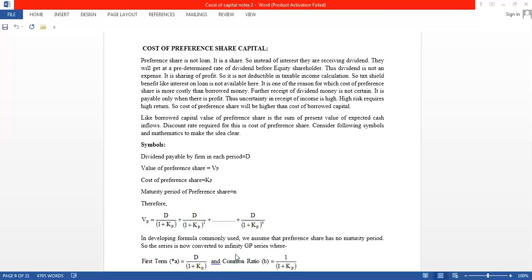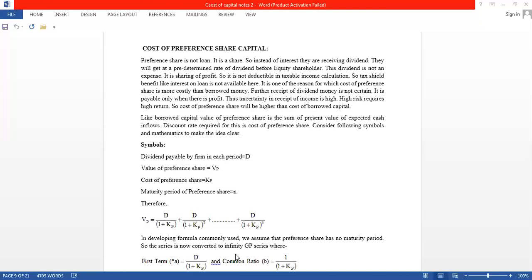Thus, the uncertainty of getting the preference dividend is very high, which is not so for debt capital, where interest is fixed and payable even if the company is making loss. So there lies the difference between preference share capital and debt capital, which also causes the variation in the calculation of cost of debt capital and cost of preference share capital.